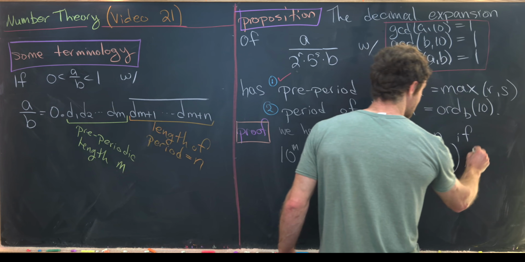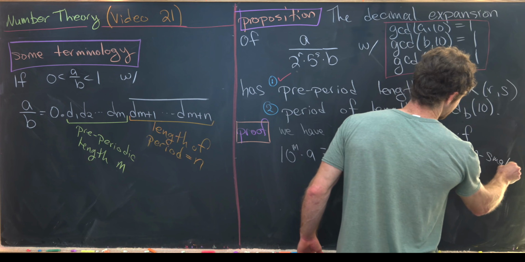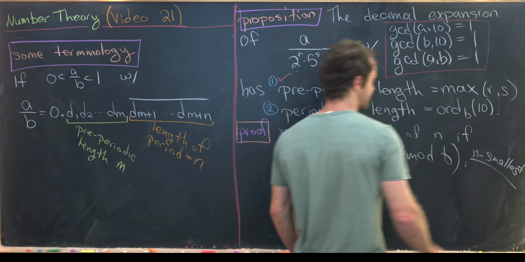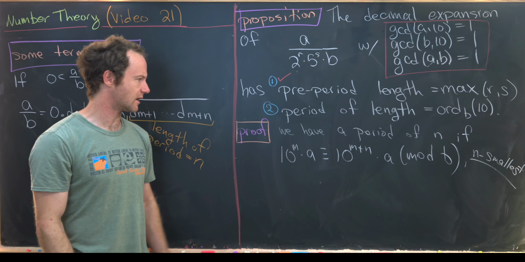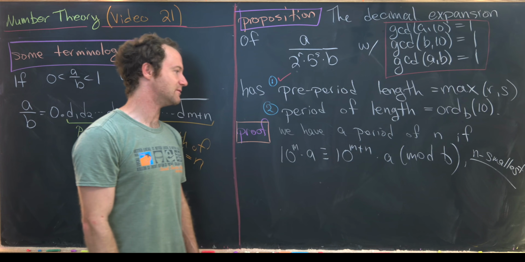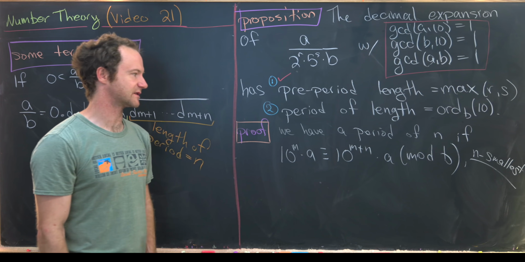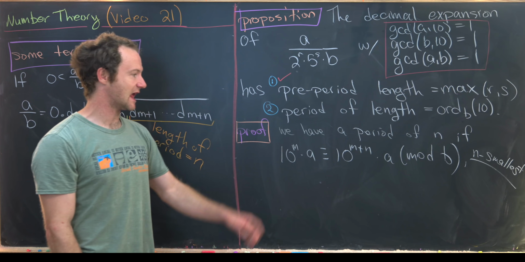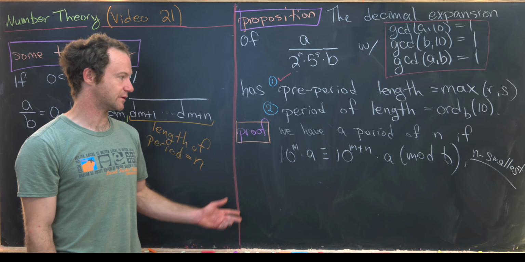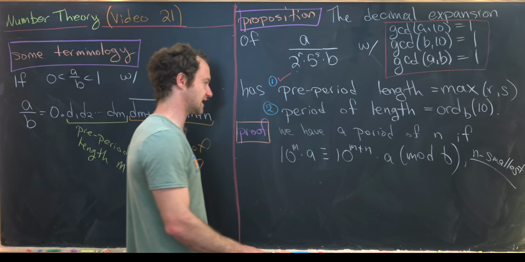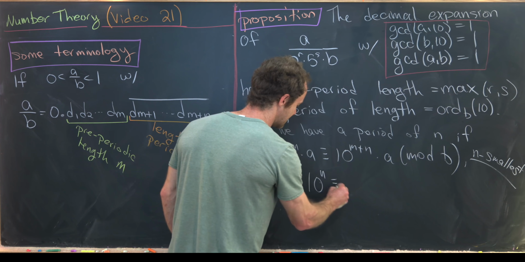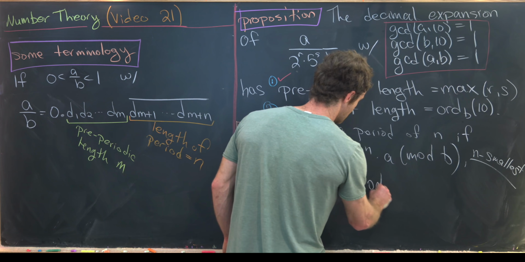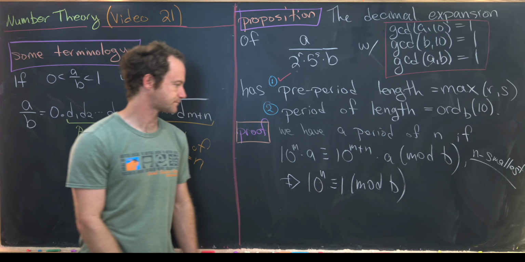And I should say here, n is the smallest such that that happens. Okay, but now we can move some things around. Notice that a and b are relatively prime, so we can cancel a from both sides. 10 and b are relatively prime, so we can do cancellation there on both sides as well. And that will leave us with 10 to the n is congruent to 1 modulo b.